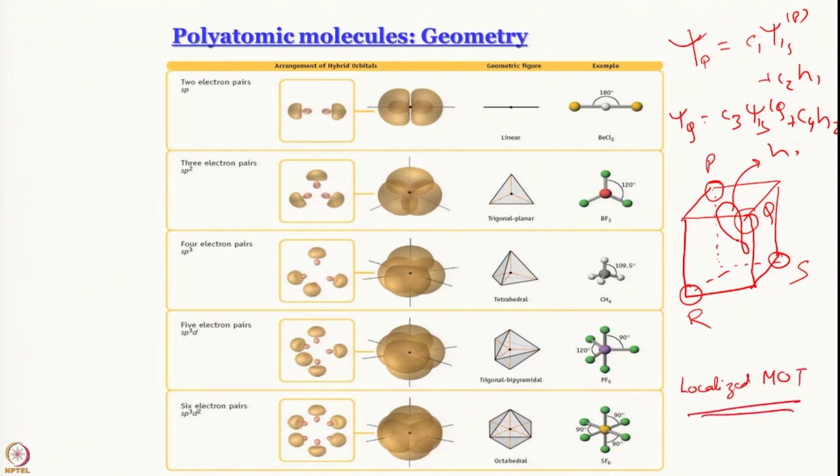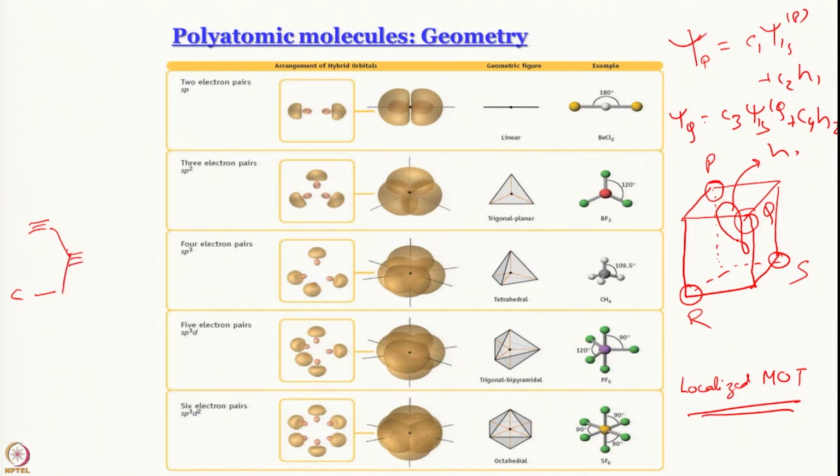If that is the case, what kind of energy diagram would I get? Sorry, I should have actually made a slide where I would have shown all this, for whatever reason I forgot. But please bear with me, we can draw this energy diagram without much fuss. Let us say this is your carbon 2s and 2p, and we have generated 4 equivalent sp3 hybrid orbitals.